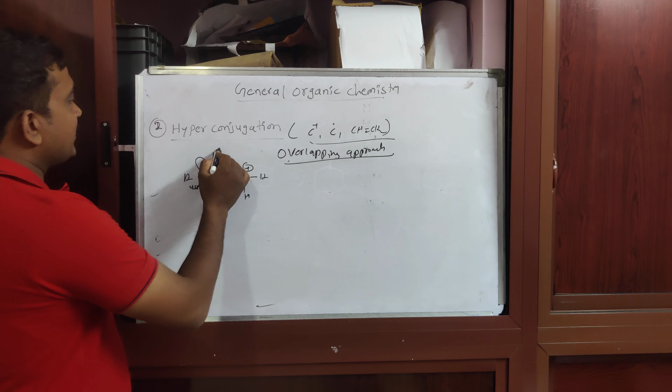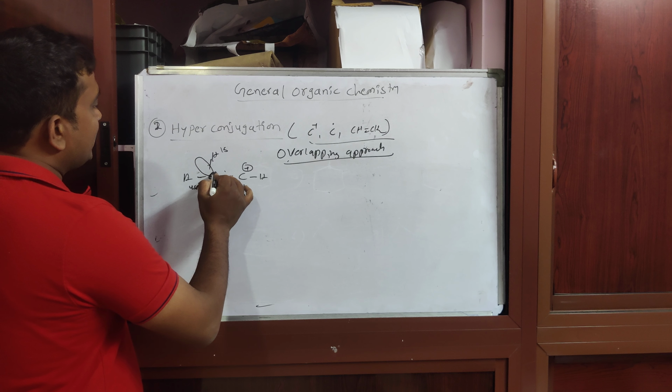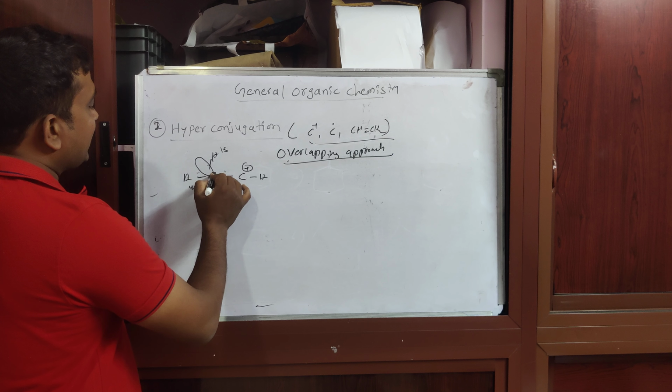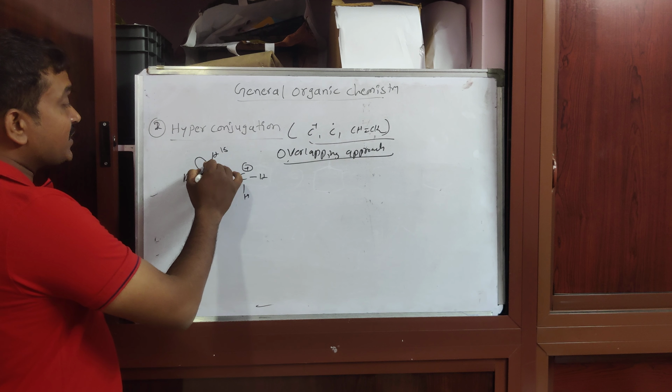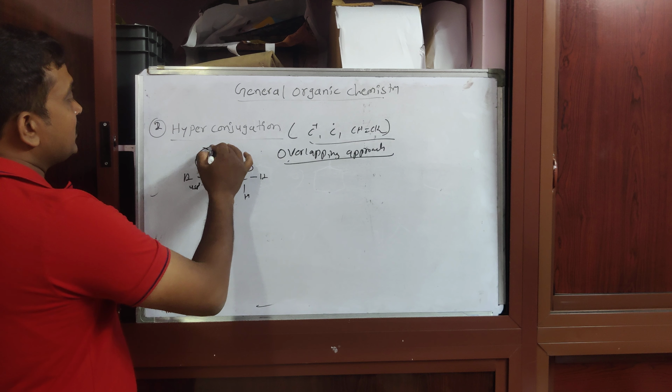This is the 1s orbital of hydrogen. This carbon forms a sigma bond with 4 sp3 hybridized orbitals. This hydrogen will form a sigma bond with this one.